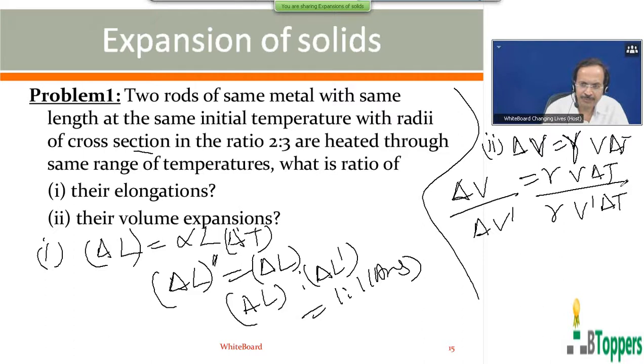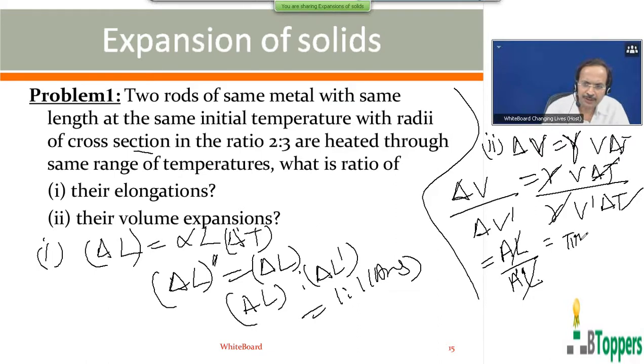They are heated through same range of temperatures, so delta T is also same. Just as explained now, the ratio of the increase in the volume of the first rod to the increase in the volume of the second rod is equal to the ratio of the original area of cross section of the first rod to the original area of cross section of the second rod, because length L of each rod is same.